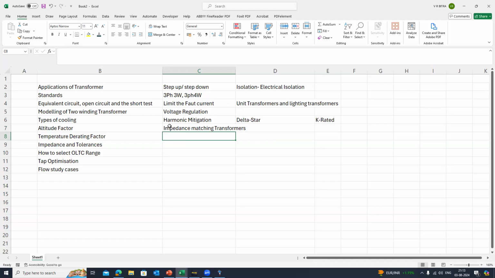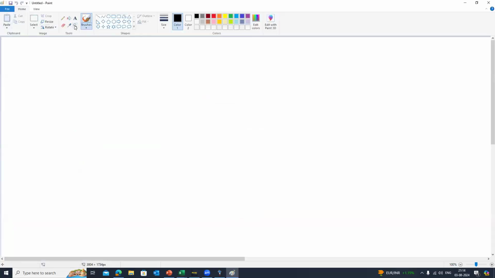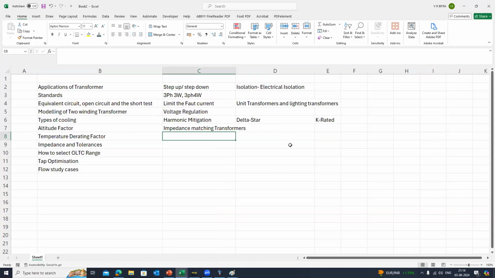What I'm trying to say is, suppose I am having a load, and the load resistance is 10 ohms.